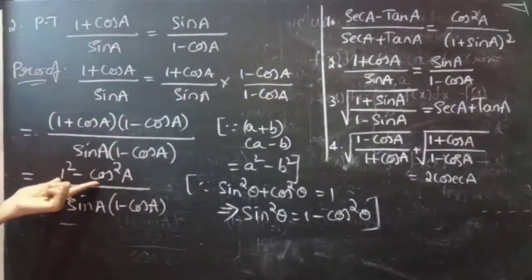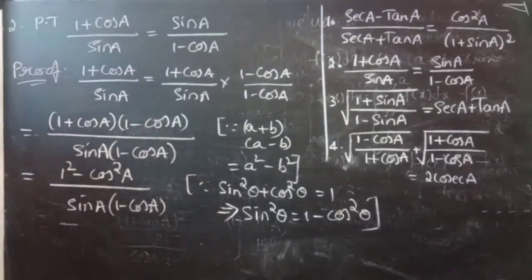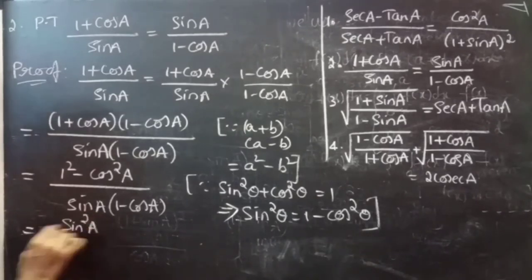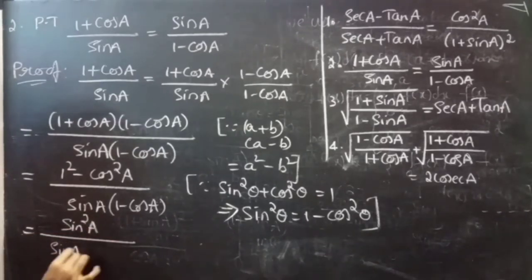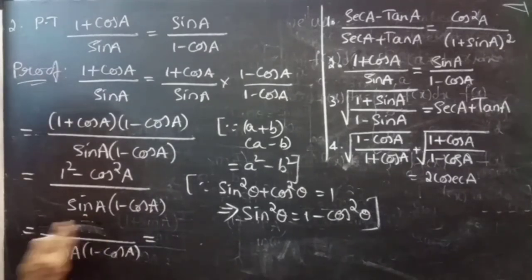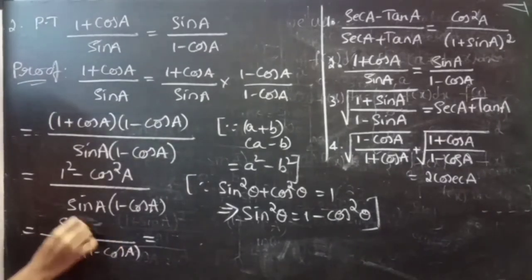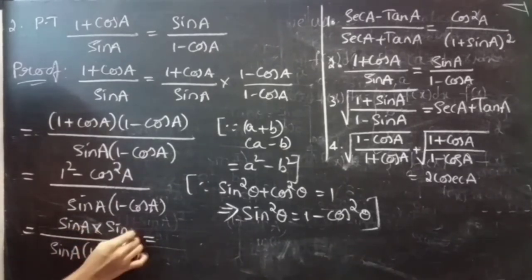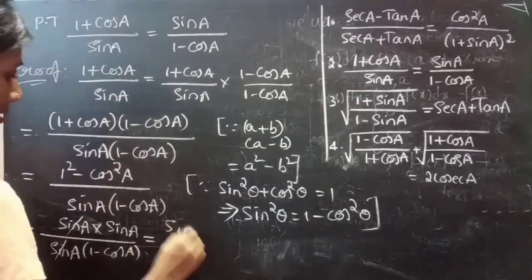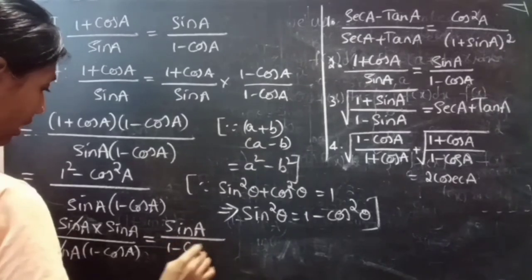Now replace 1 minus cos square A with sine square A. So this equals sine square A by sine A into (1 minus cos A), and you can write this sine square A as sine A into sine A, and cancel one sine A in the numerator with the sine A in the denominator. So finally you'll get sine A by (1 minus cos A).